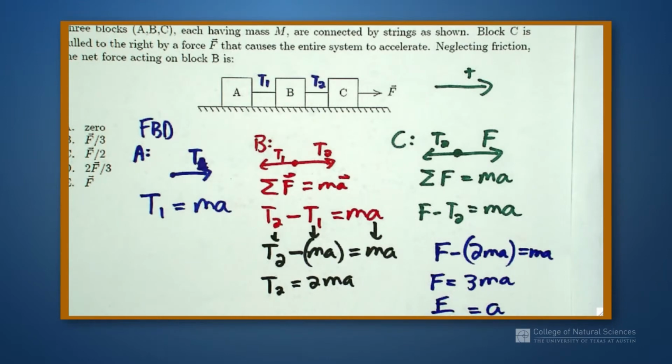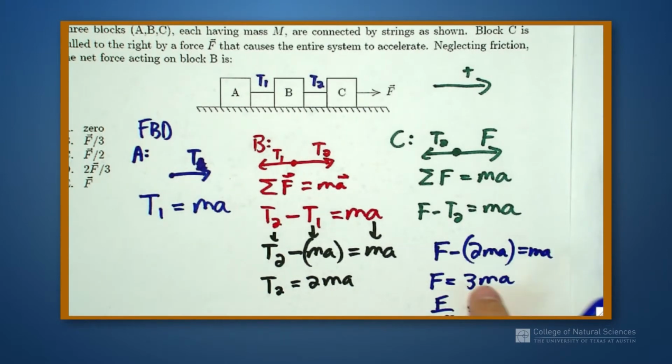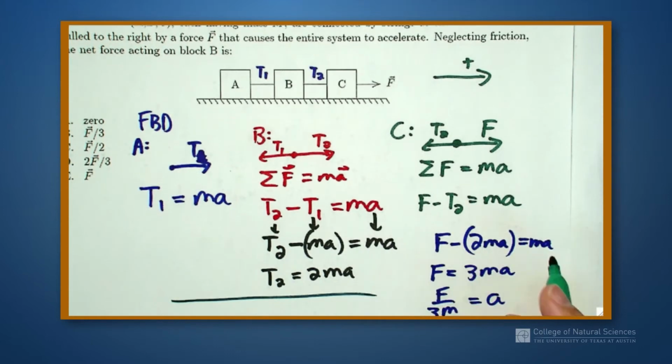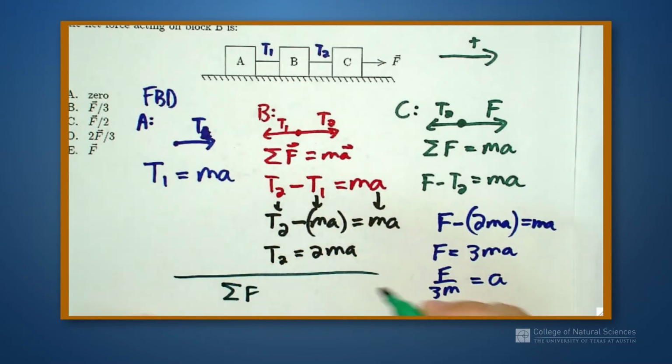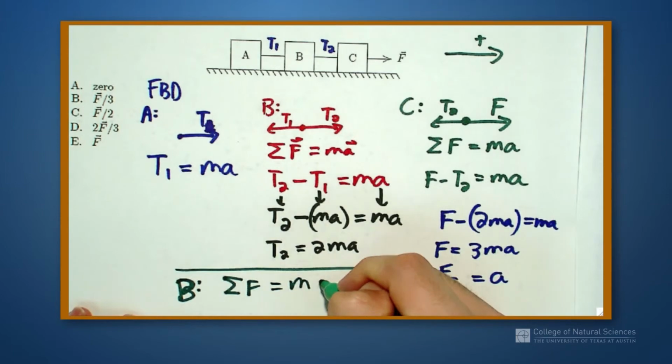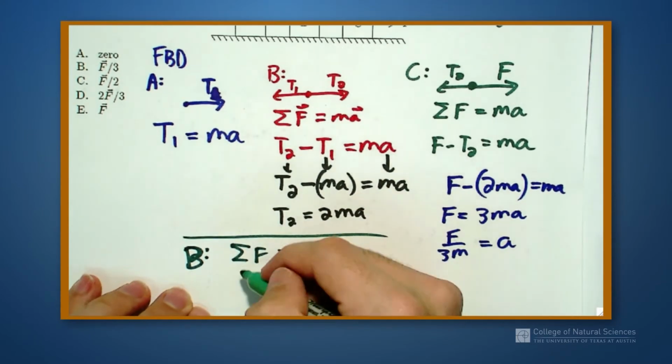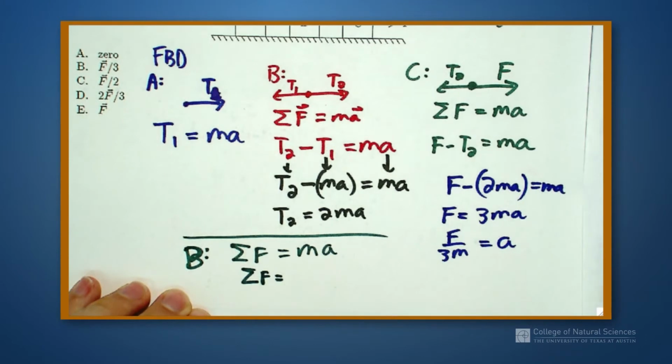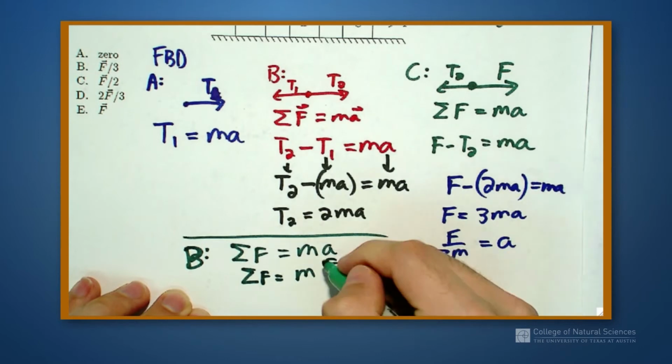And we want to know the net force on mass 2. If I know that mass 2 is accelerating with this acceleration, then the net force on block B is going to be equal to the mass times the acceleration. My net force is equal to mass, and my acceleration is F over 3m.